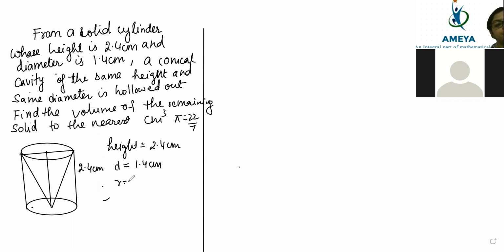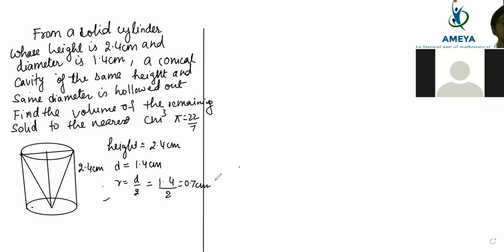Diameter given is 1.4 centimeter. So radius will be diameter by 2, that is 1.4 divided by 2, that is 0.7 centimeter. Okay, now we got the radius, beta. Now after that what they are telling, the conical cavity of same height and same diameter is hollowed out.